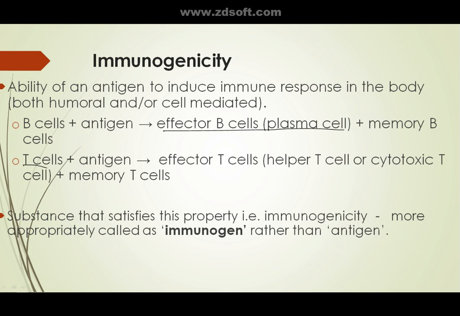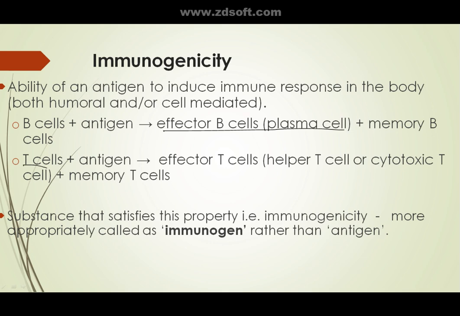So, substances that satisfy this property of immunogenicity are called immunogens rather than antigens. Why? Because in our earlier class I told you that all antigens cannot be immunogens. We gave the example of a hapten, which has a very small molecular weight.